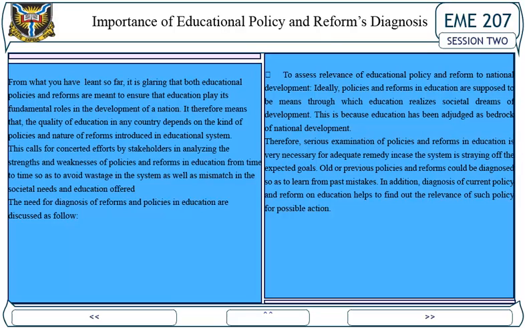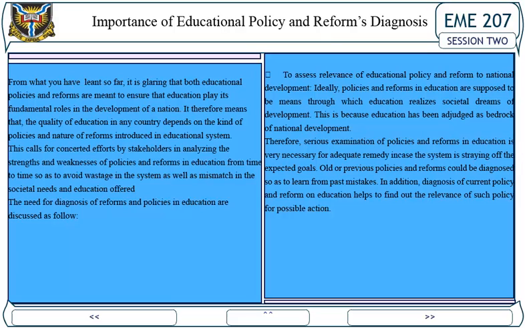The need for diagnosis of reforms and policies in education is discussed as follows. To assess relevance of educational policy and reform to national development: ideally, policies and reforms in education are supposed to be means through which education realizes societal dreams of development. This is because education has been adjudged as bedrock of national development.